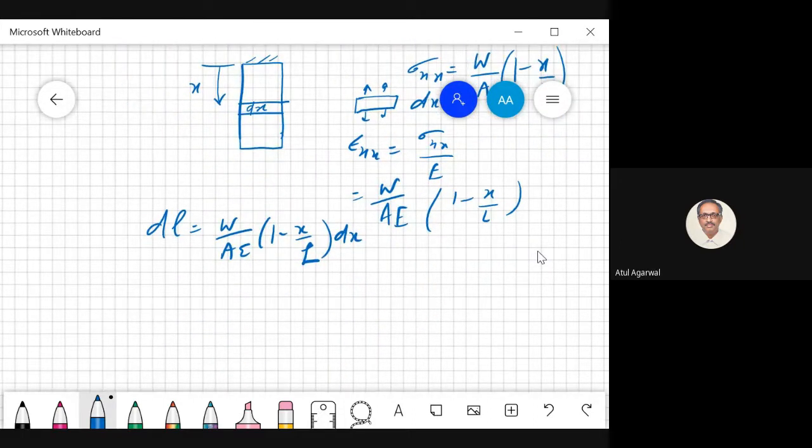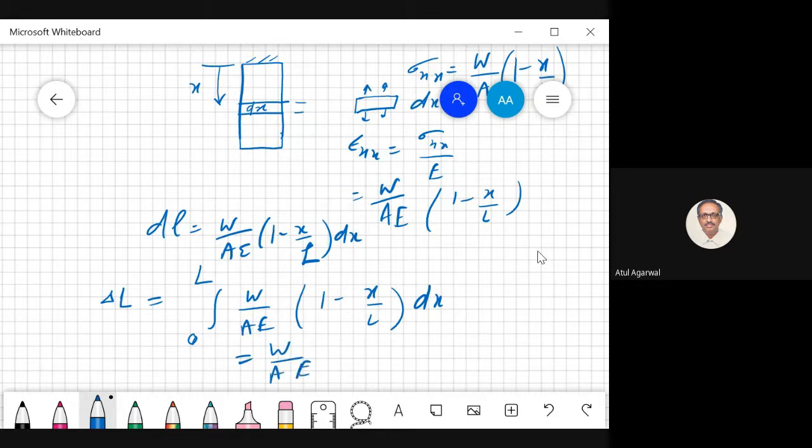Now if I want to find total change in length of the bar, I have to integrate from 0 to L. So this change in length depends on the position of this element dx. You see? So W by AE into 1 minus x by L dx. You have to integrate. So W by AE is a constant, it comes outside.